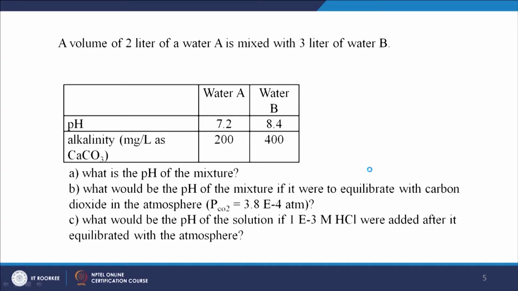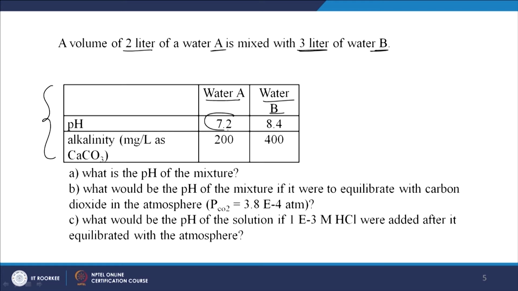So, let us first understand the question that we have. Obviously it is similar to what we just discussed. It says we have 2 liters of solution A and 3 liters of solution B, and this is the analysis for the individual solutions.